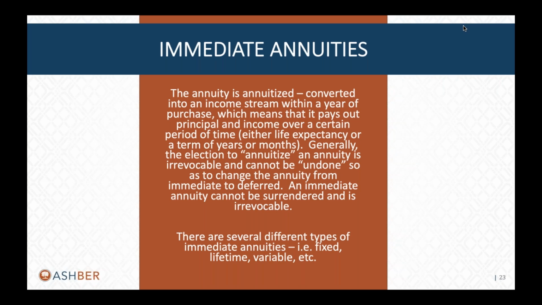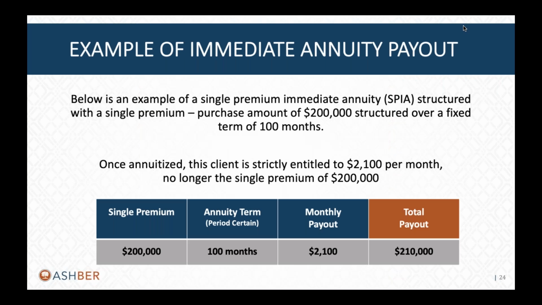Just like a deferred annuity, there are several different types of immediate annuity contracts. There can be fixed policies, lifetime, variable, and etc. So with an immediate annuity policy, the payout is really going to be based on either the client's life expectancy, or it's going to be based on a fixed duration of time.